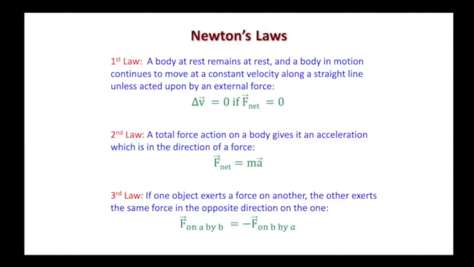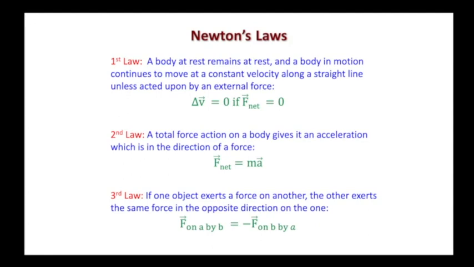Okay, Newton's laws. Now we're getting into the home stretch. First and second law, we already knew them. First law is just if I don't apply a force to an object, its motion is not going to change. The second law is just re-expressing that delta P equals F net delta T. It's just now we're splitting delta P into m delta V, divided by delta T. Maybe you're following this in your head, maybe not, but it's the same equation.